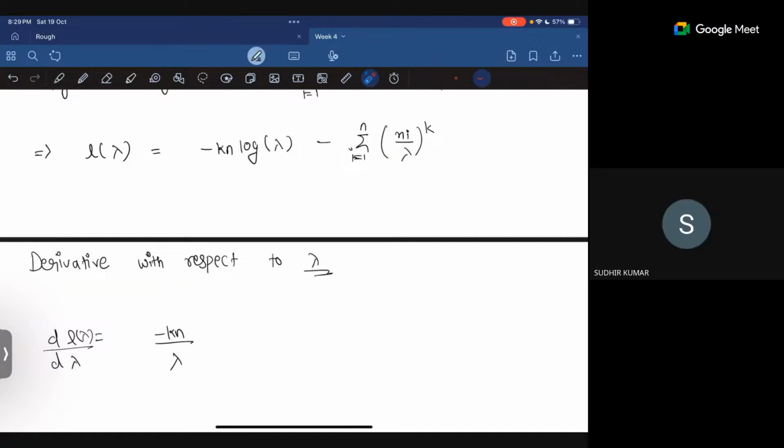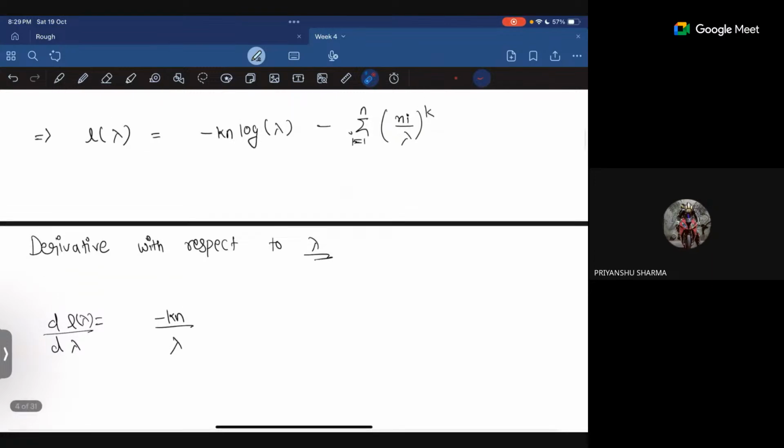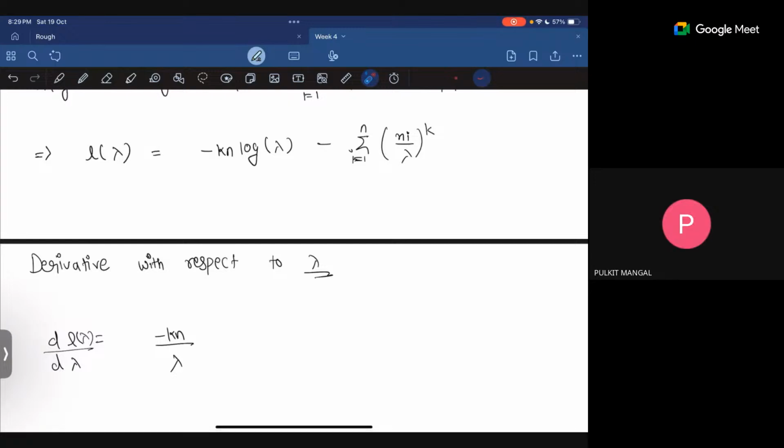Minus k xi over lambda square. So minus xi over lambda square, multiplied by k. Minus k xi to the power k minus 1.